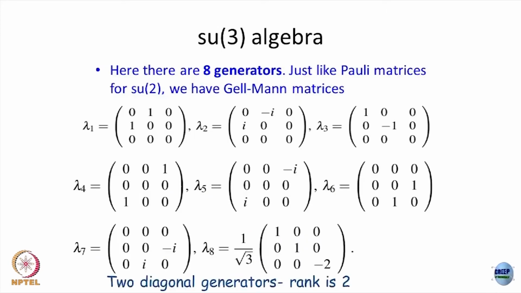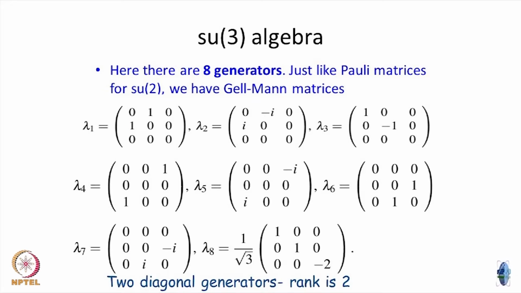Okay. So let me try and say for the SU3 algebra, whatever I said for SU2, there are 8 generators. The explicit form you do not need to memorize; you can write it down on a sheet to see that lambda 3 is diagonal, and similarly lambda 8 is diagonal. These coefficients are put on purpose to take care of some of the quantum numbers which are seen experimentally.